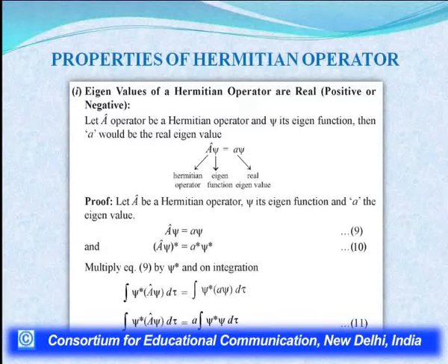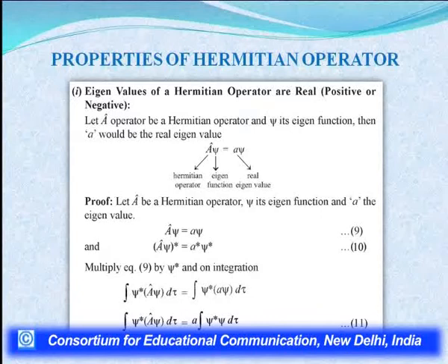I am not taking dx or dy or dz because it is a general thing. The wave function could contain any coordinate. It would be d tau, and then the right hand side of equation number 9 is also multiplied by psi star, that is A psi d tau.